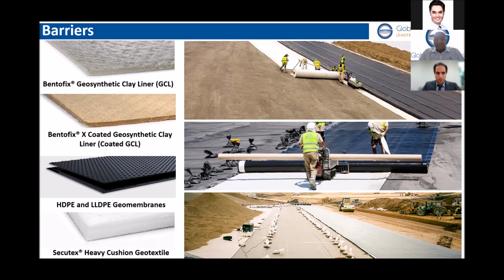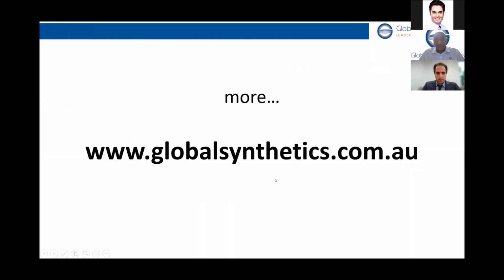These are used obviously to separate against contaminated soils, and can be used on landfills, mining, roads and rail, and sometimes behind retaining walls. And we have many more, and you can visit our website for all the products and various applications.